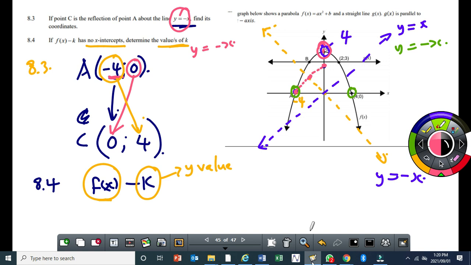And the value of k is a y value. So can someone tell us, because I don't want to just give you answers throughout, by how many units can we move this graph of f of x downwards so that it won't have any x-intercepts?